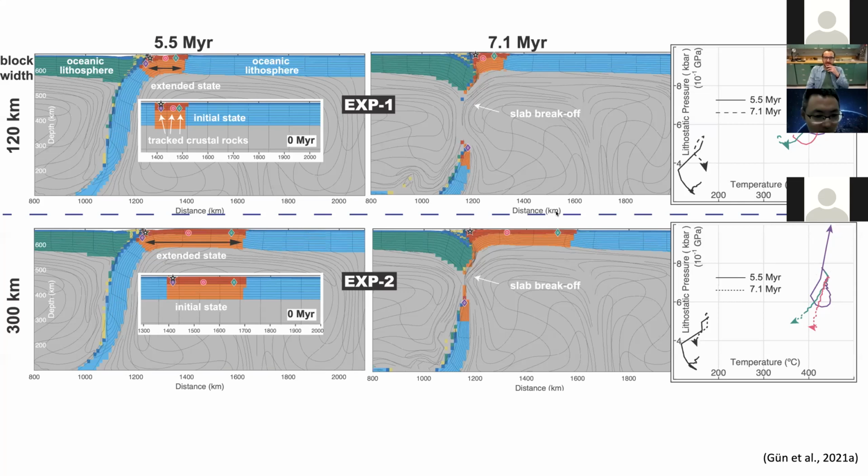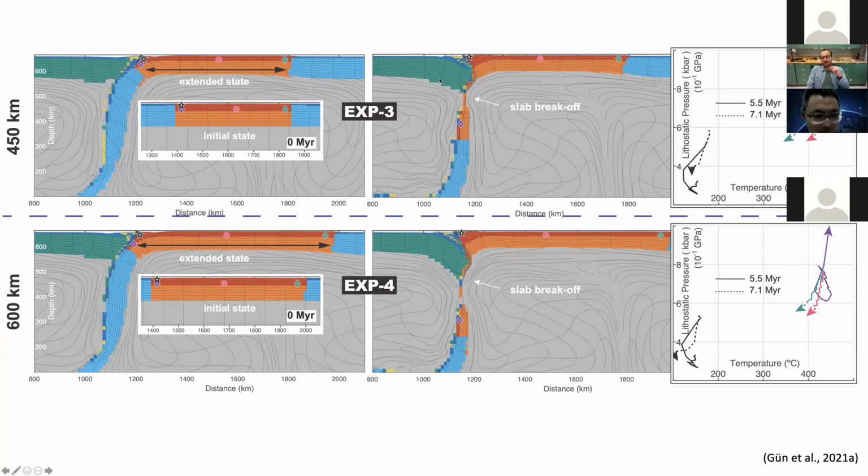And there is another thing to recognize in these models. Maybe you realize already, after the collision, you see the slab break-off happens not inside of the subducting oceanic lithosphere, but inside of the tip of the microcontinent, because we think it is weaker than oceanic lithosphere, it's more prone to break off than oceanic lithosphere.